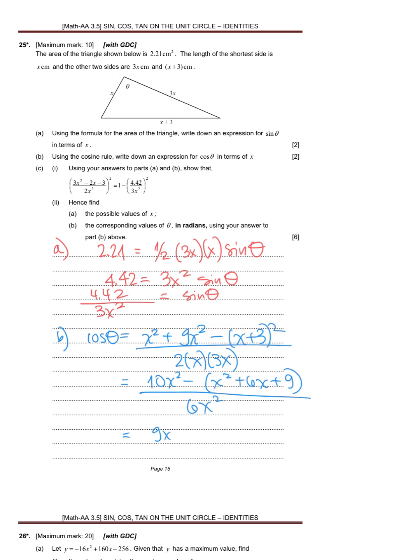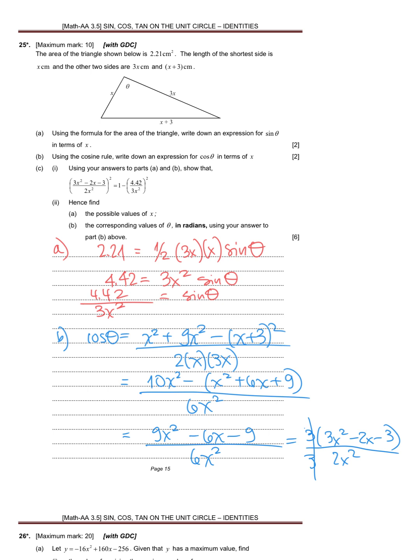So we're going to have 9x squared minus 6x minus 9 over 6x squared, and we can just take out a 3. So that's our final answer for B.